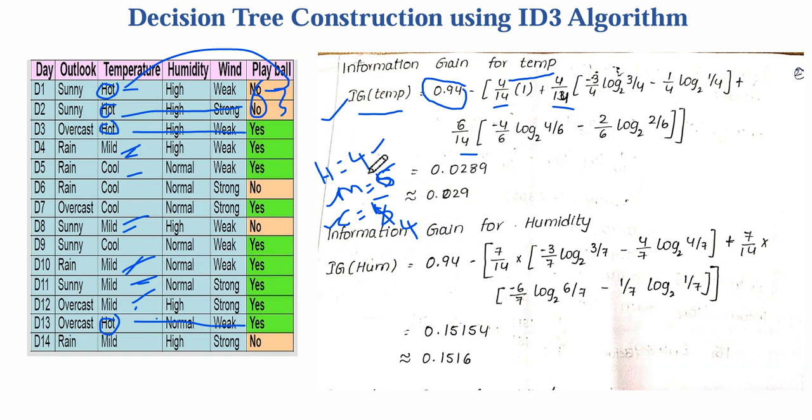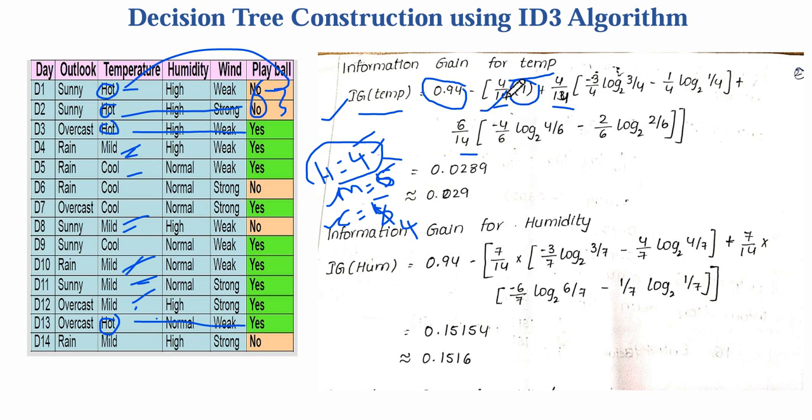So 4, 6, 4. For hot, here it is 4 by 14 into 1. Why am I giving 1 here? Out of hot equal to 4, 2 records belong to the no class, 2 records belong to the yes class. That's why its entropy is 1, equally distributed.